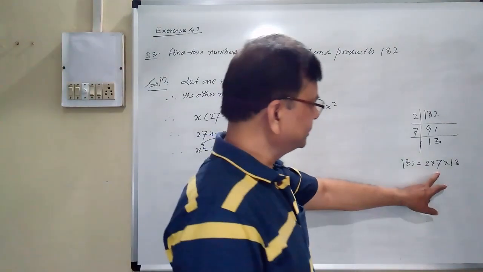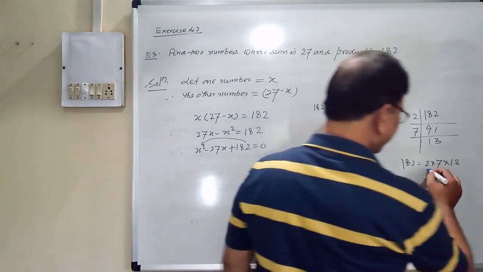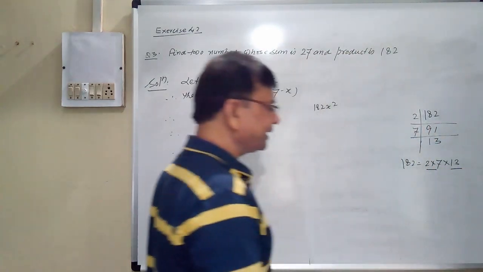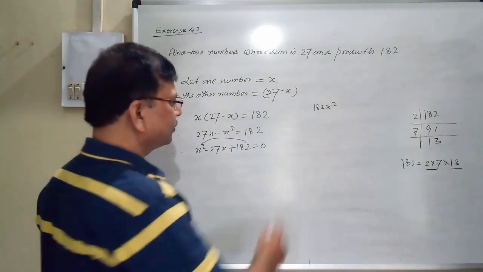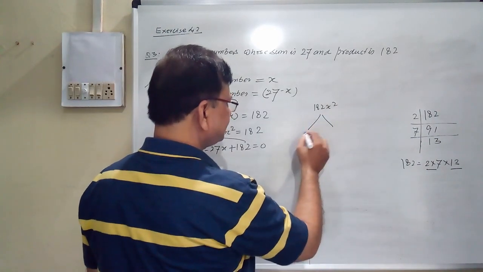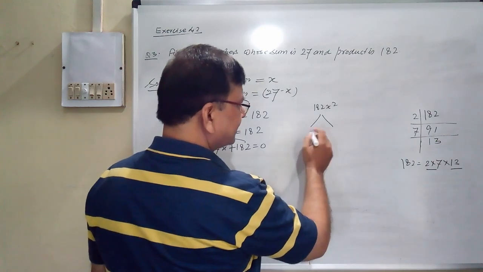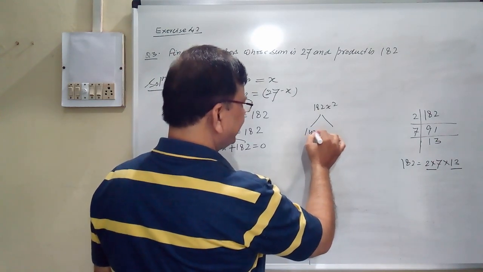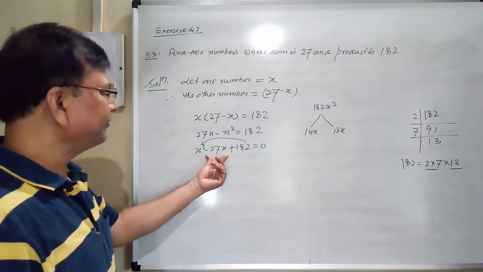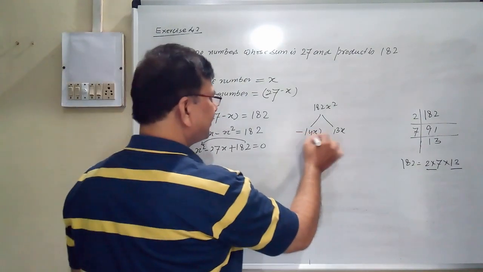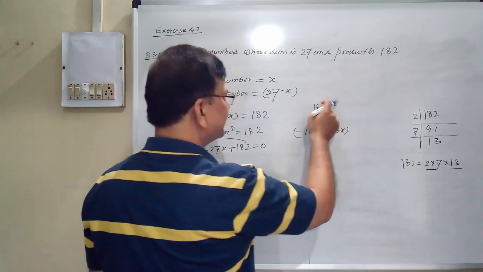So 14 into 13 may be the factors. So we can write the factors as 14x and 13x. It is negative, so both should be negative, then only the product will be positive.